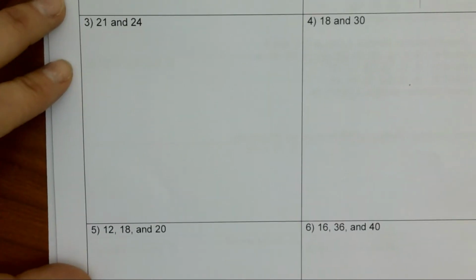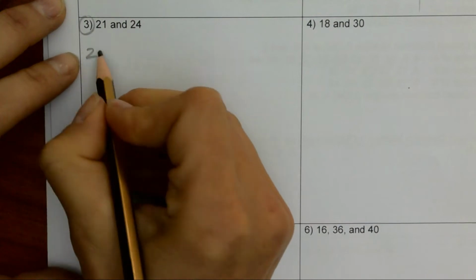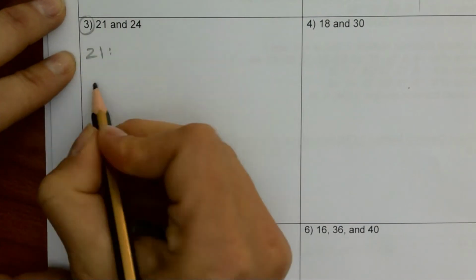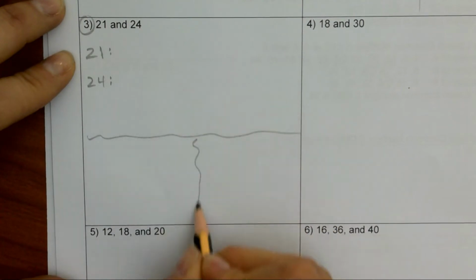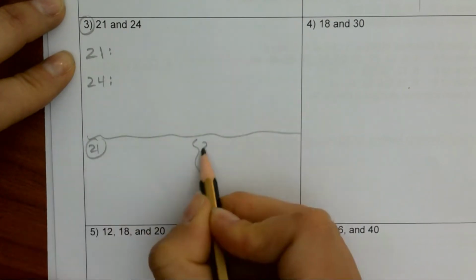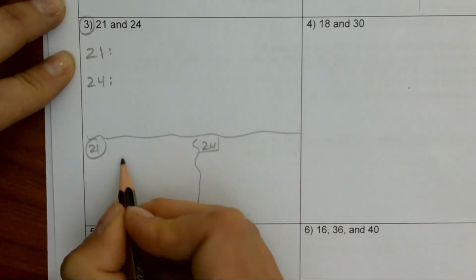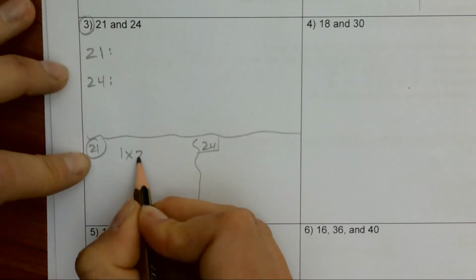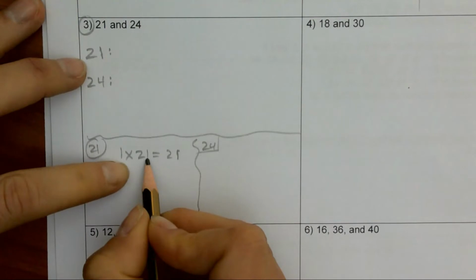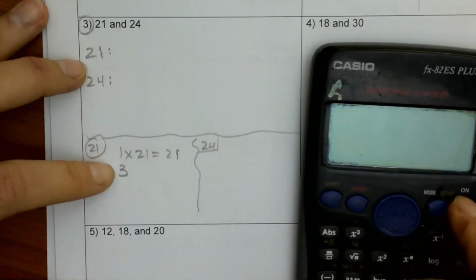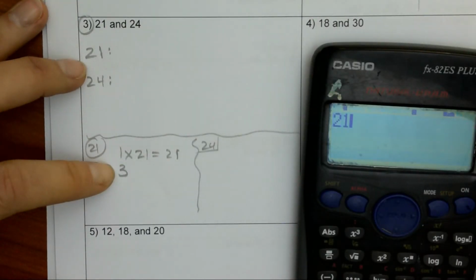Okay, let's do question number 3. Let's write the factors of 21 and the factors of 24. So we always start with 1 times 21 equals 21. 2 doesn't go into it. Does 3 go into 21? 21 divided by 3?